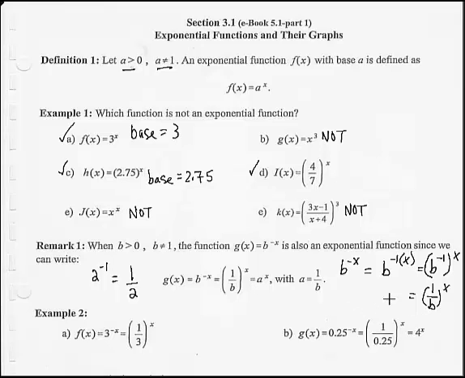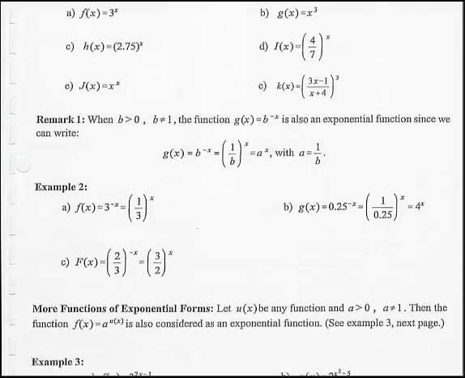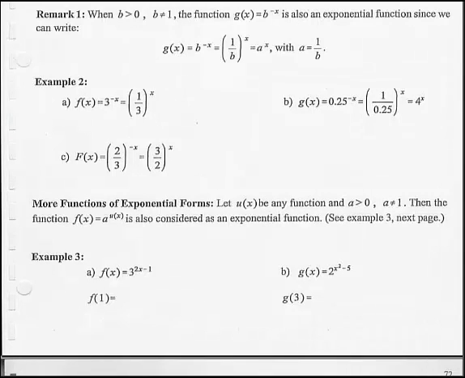So let's look at example 2. We have 3 to the negative x equal 1 over 3 to the x. And here they're not really asking us to do anything. They're just pointing out several versions of the exponential function where it's expressed with a negative exponent.